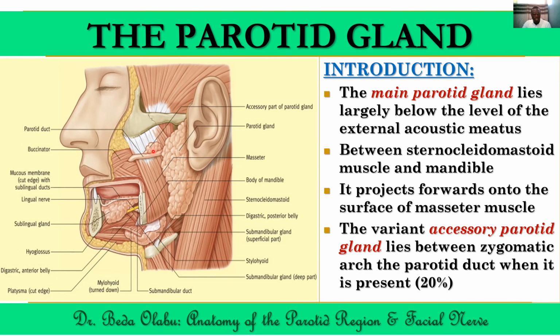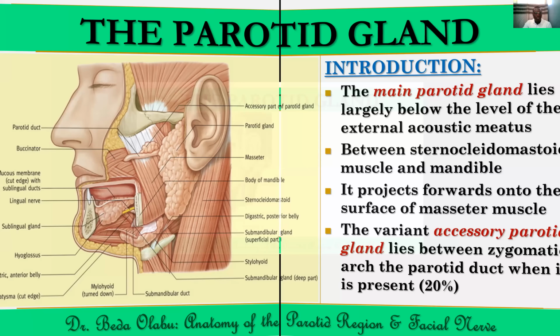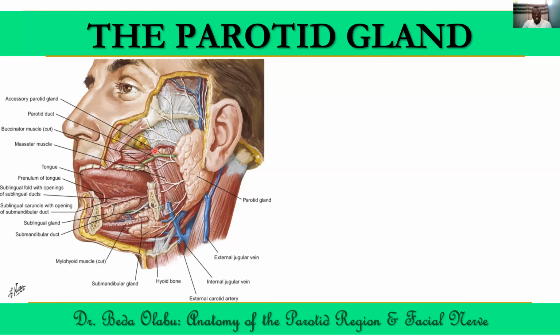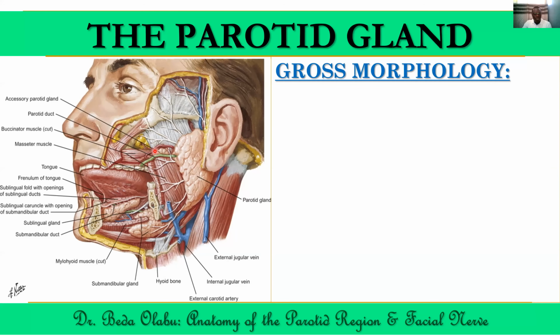And this accessory parotid gland is a variant one. It is not necessarily present in everyone. Perhaps just a fifth of the population has the accessory parotid gland. Having said so, let's talk about the gross morphology of the parotid gland.